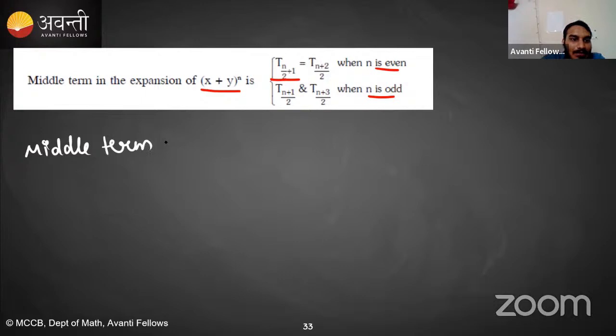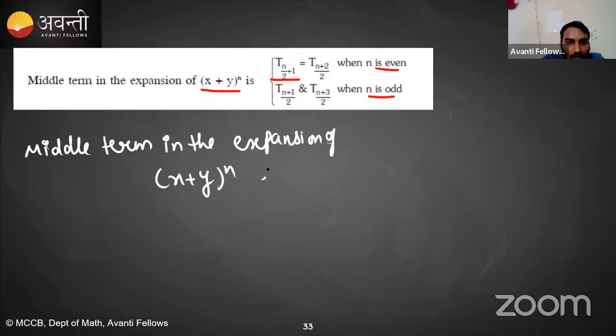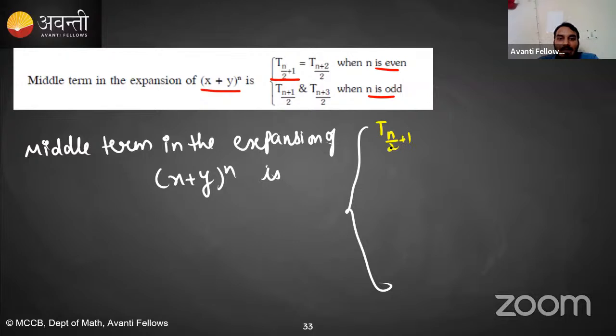You can remember like this: the middle term in the expansion of x plus y raised to the power n is T n by 2 plus 1 when the number of terms in the expansion is odd.